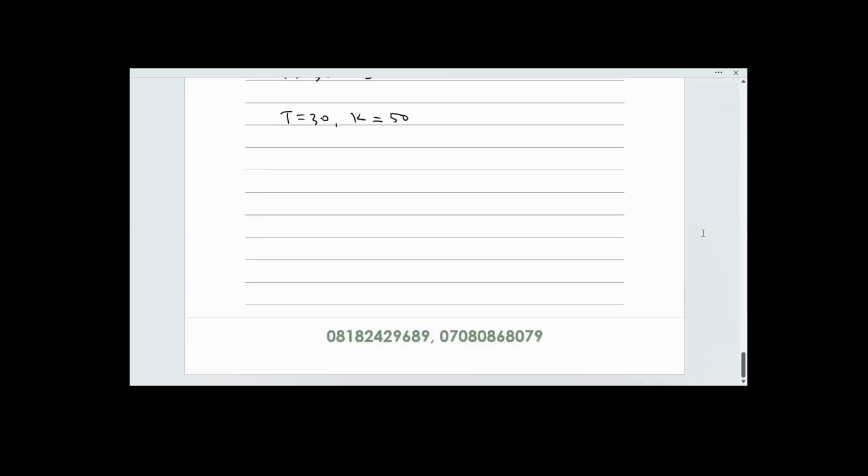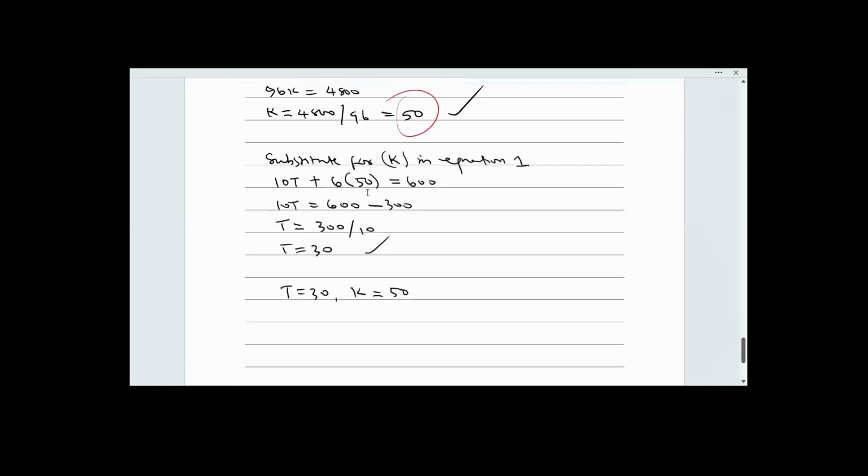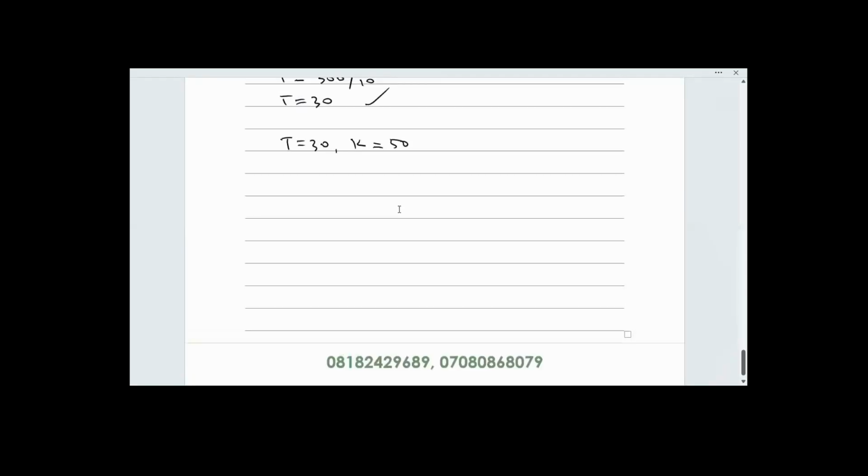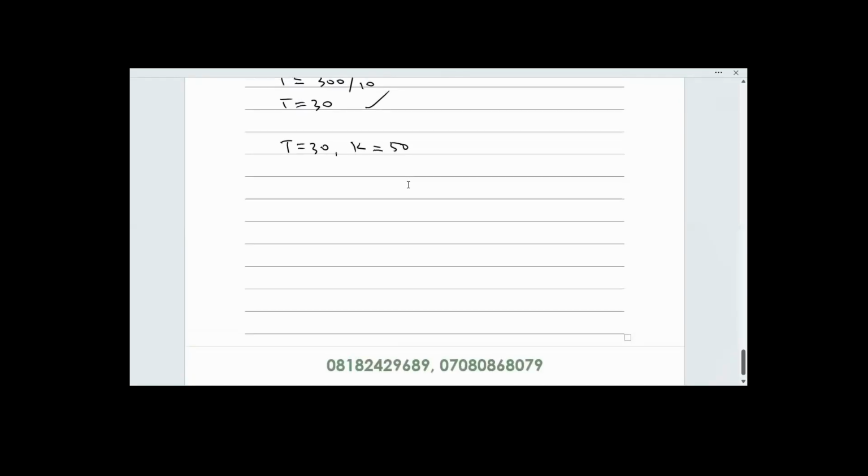I think this is where we stopped last time. So we are going to continue from here. The next thing we are going to do, now that we have determined values for K and T at points A, B, and C, is to construct a solution table.